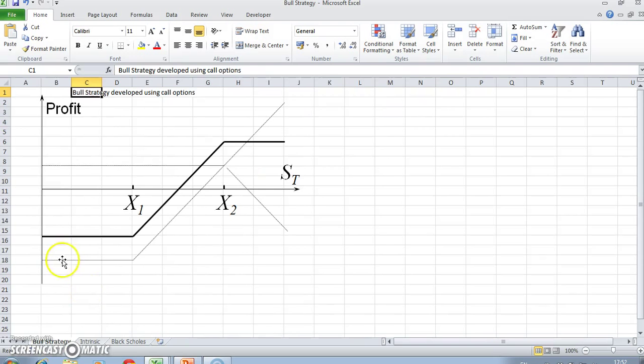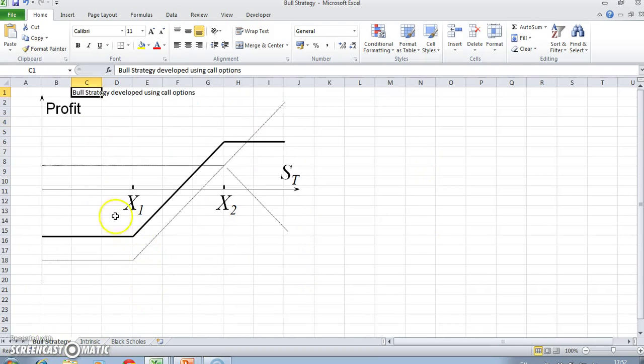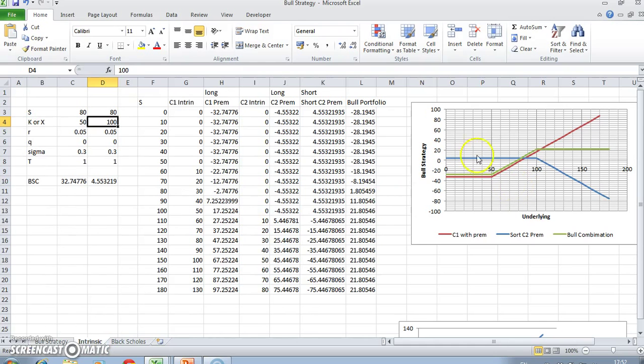The lower value is represented here by the red. The short position is represented by the blue, and the combination is the familiar bull strategy where the losses are circumscribed, or limited, and the gains also are limited.